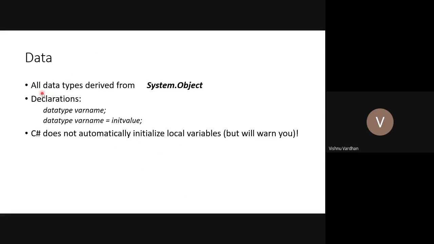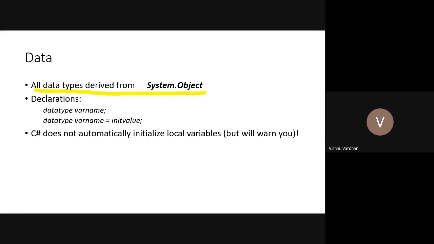Then data: all data types derive from System.Object. So System.Object, this is the class, and System is the root namespace in which there is a class called Object, and everything is derived from it. You can see I am highlighting this. All data types and all definitions are derived from this.